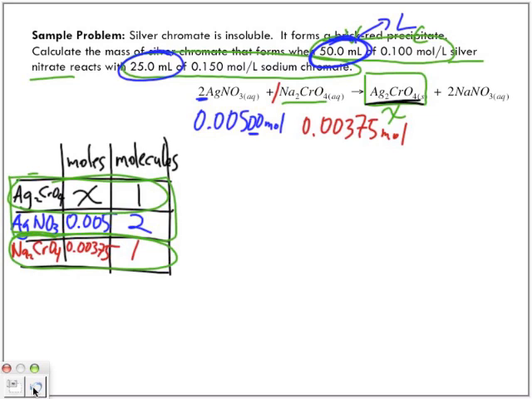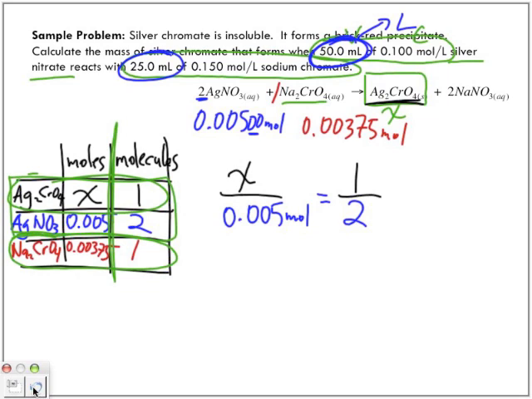So just as we said, separating both sides, we've got X over 0.005 moles equals 1 over 2. In blue we have the silver nitrate information.